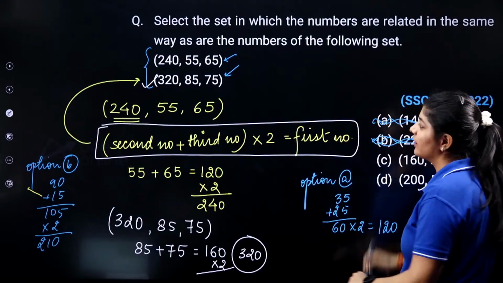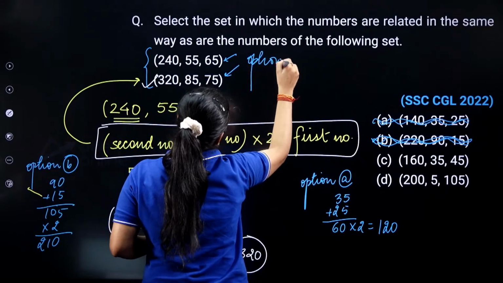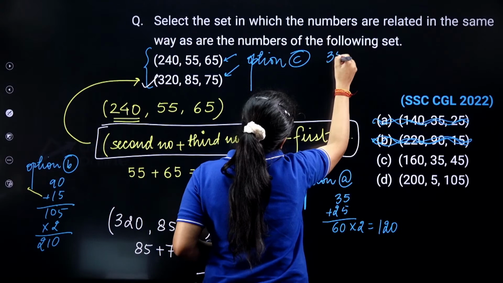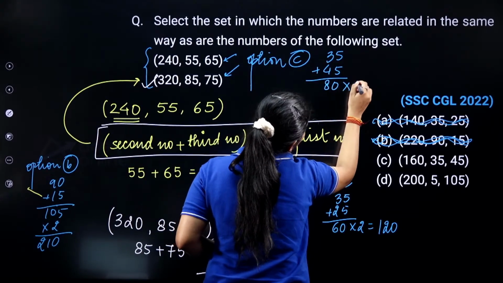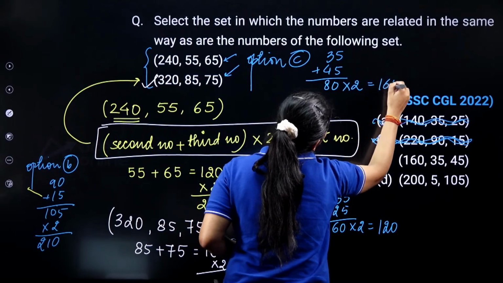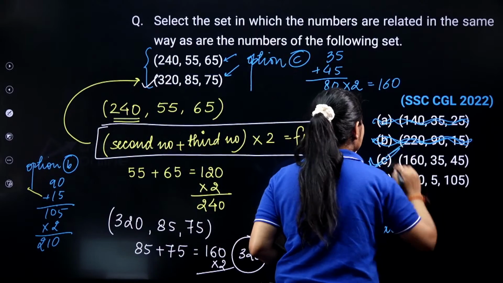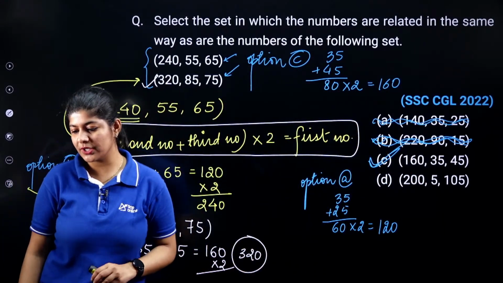Option number B is also eliminated. Check option number C. 35 and 45. 80. When I multiply this by 2, I am getting 160. Follow? Yes. So the correct answer over here is your option number C.